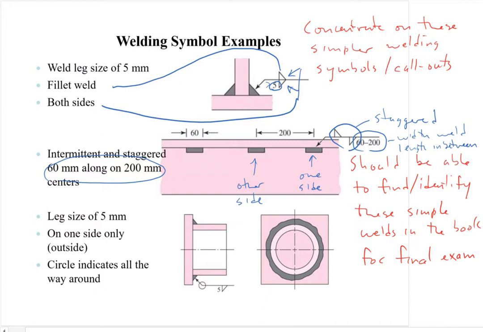And then here we see this circle here. This circle indicates that it's all the way around. So when you see it from the front, it's all the way around. It's on one side only.